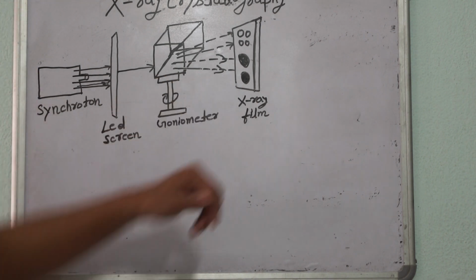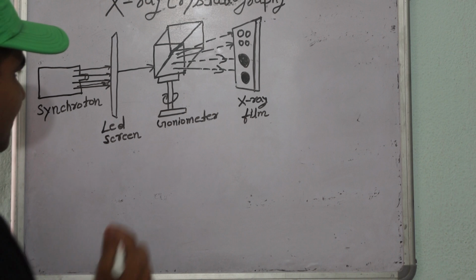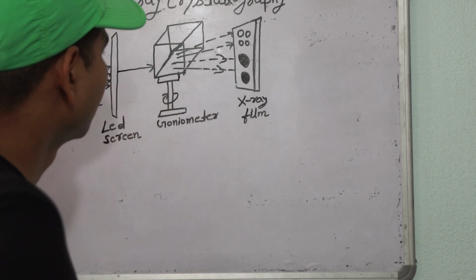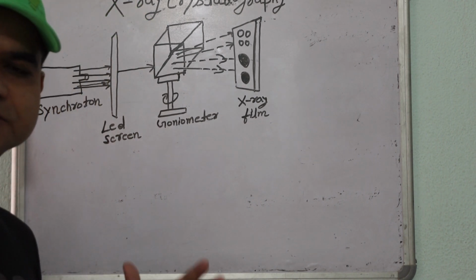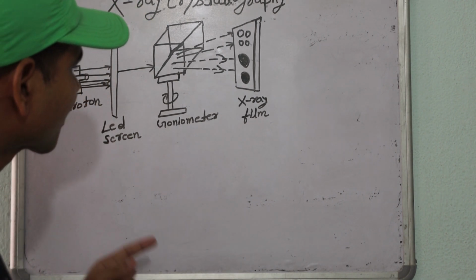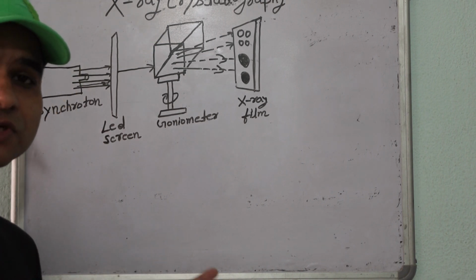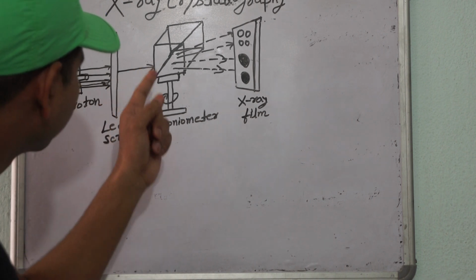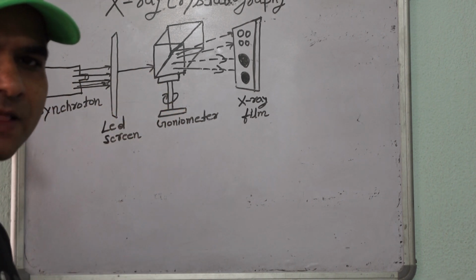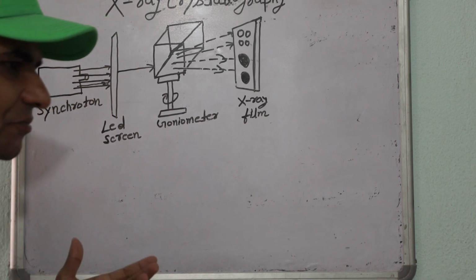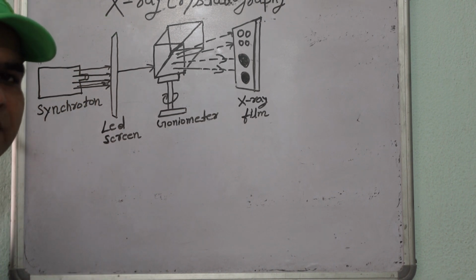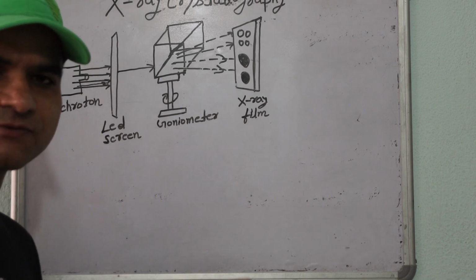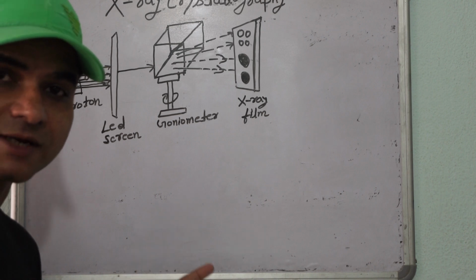Here, students, if you think about the crystal, atoms are found inside the crystal and electrons are found on the surface of the atoms. Therefore, when the X-ray beam falls on the crystal, it will interact with all the electrons found on the surface of the atoms.